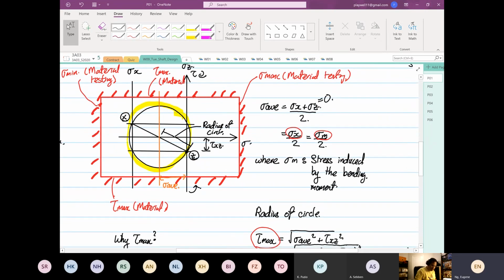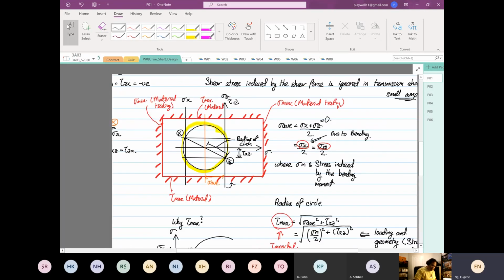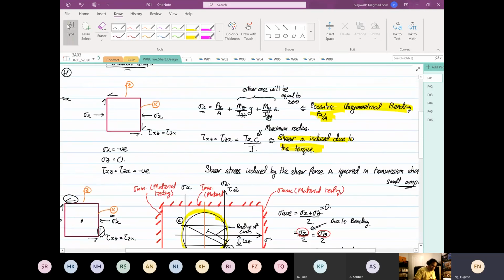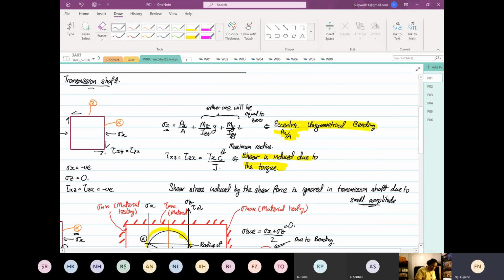Because stress x over here is induced due to bending, if you see the previous equation we've written down, this is due to bending, and it can be eccentric or unsymmetrical bending, one of the most extreme cases where you have normal stress and also shearing stress.